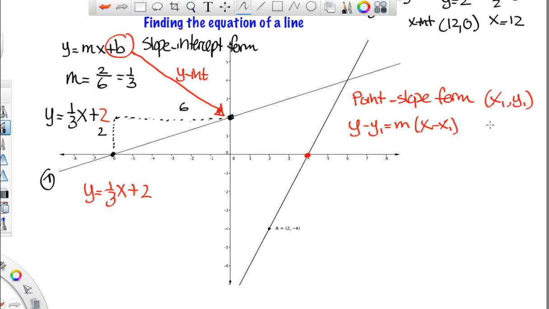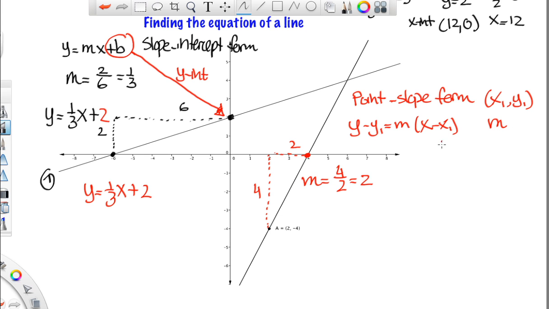And I need to know the slope. Well, in this case, the slope again I can calculate. I need to figure out how much I go up, which is 4, and how much I go over, which is 2. So the slope is up 4 over 2, which is 2. And then I can just plug in the point.